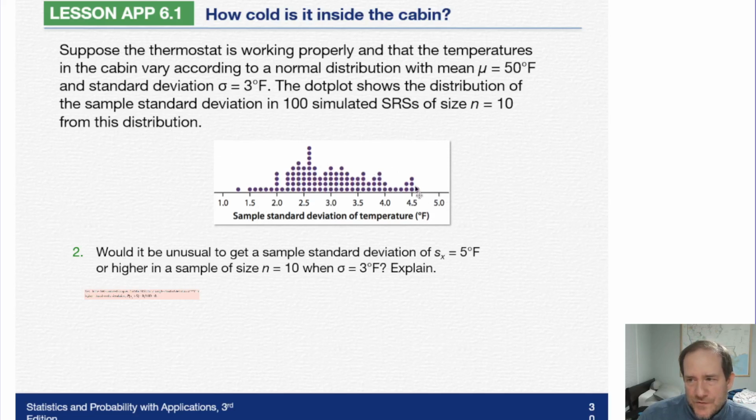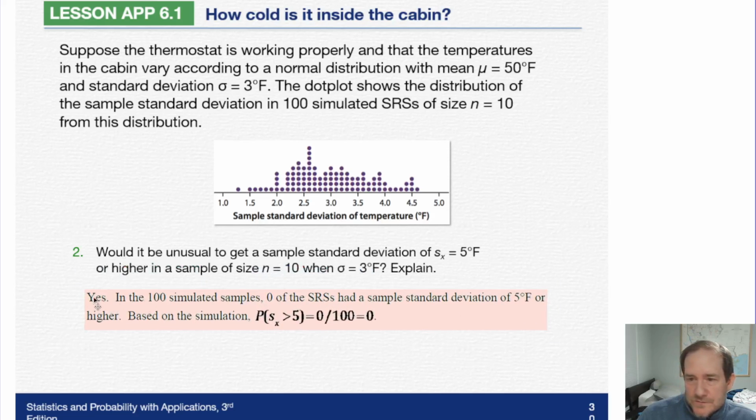And this is how they sort of fell. It says, would it be unusual to get a sample standard deviation of 5 degrees or higher? Well, let's go and check it out. How many did we get that are 5 or higher? And it's 0. We never got a single one that was 5 or greater. So, what's it say?